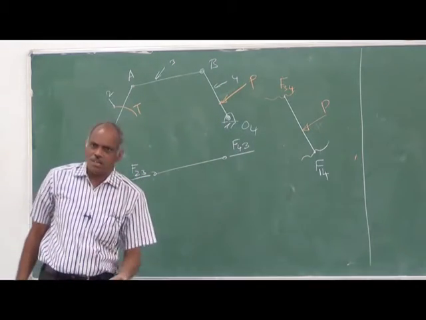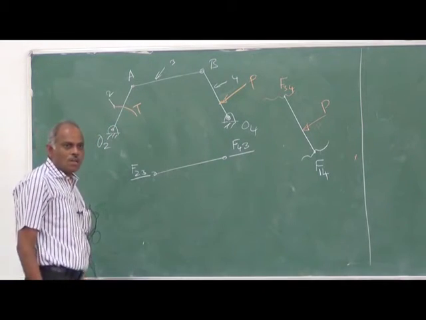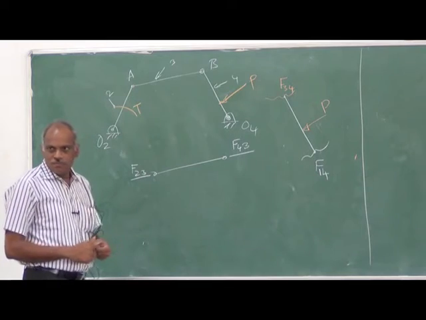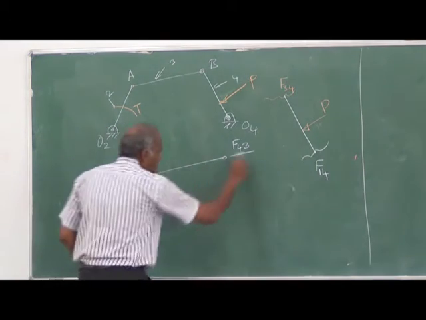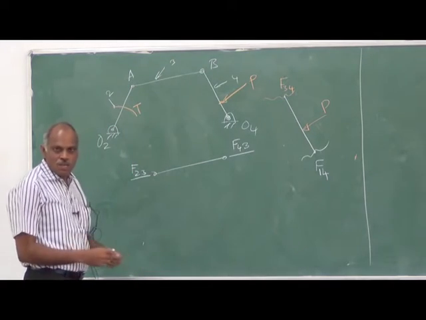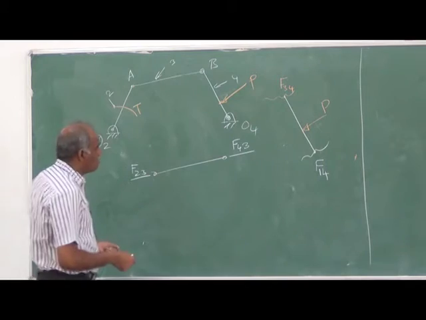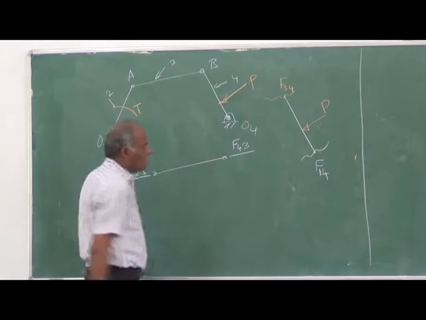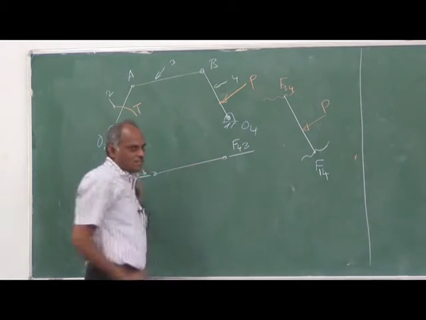Of course this is a 2-force member, as you know. So according to the law of equilibrium, these 2 forces should be collinear. They have to be equal in magnitude and opposite in direction. So it is like this. Whether it will be compressive or tensile, I do not know right now.